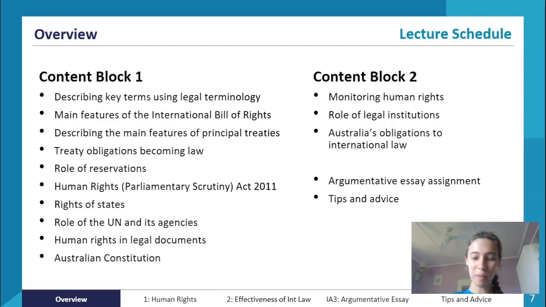A little bit about our lecture schedule today before we get stuck into it. Everything that we're doing today is based around the syllabus. It will be Unit 4 that you're going to be up to now. This lecture covers Unit 4 topics 1 and 2, which will be covered in either term 2 or term 3, depending on how your school works.